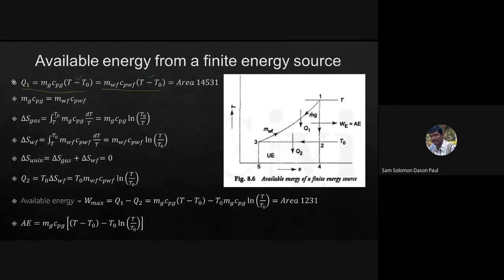Initial temperature is T, final temperature is T naught, because the process is from 1 to 3. That's a drop in temperature from T to T naught. So you have mg Cpg into ln of T naught by T. And so far, with whatever we have studied, this value is supposed to be negative because there is a drop in temperature. This is heat rejection.